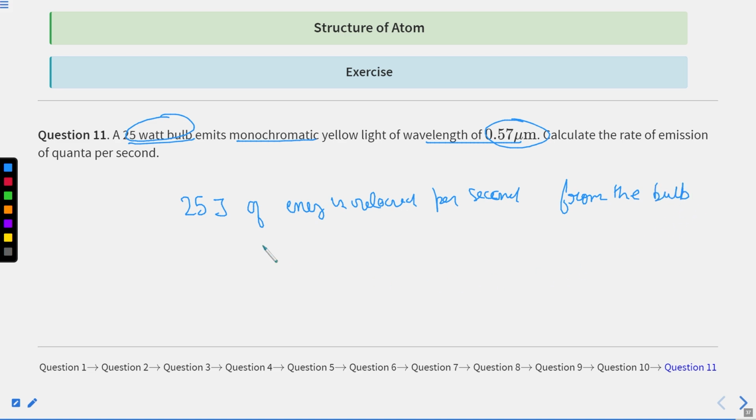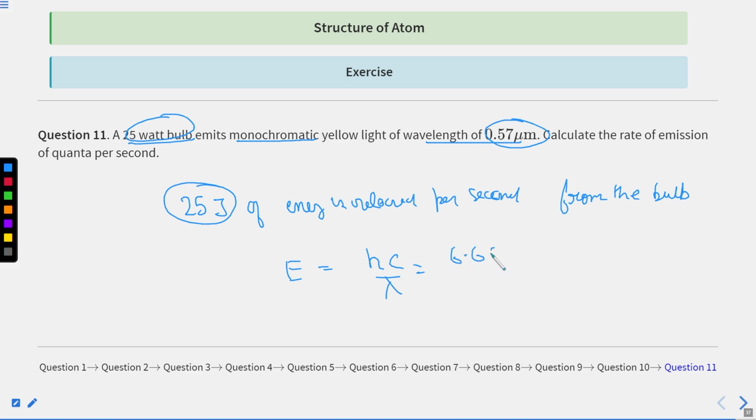Okay. So in this much joule of energy, how many protons are there? How will we calculate? For that you have to calculate the energy of one proton and divide it by this much. So energy of one proton will be h c by lambda.